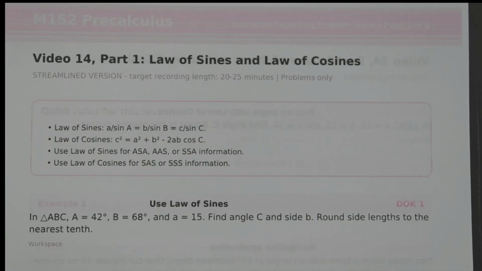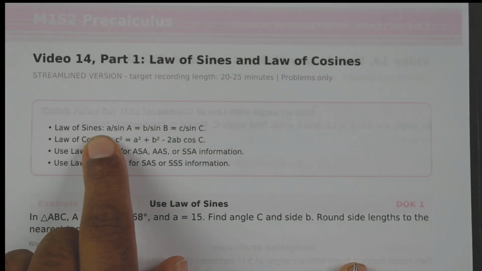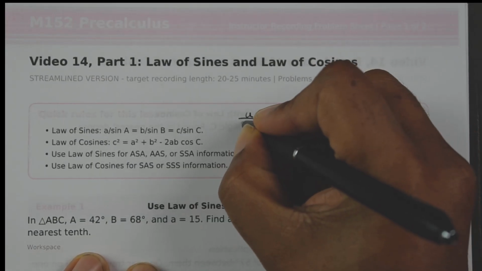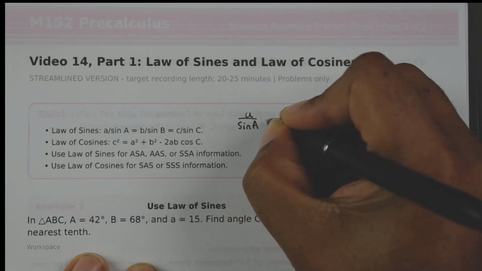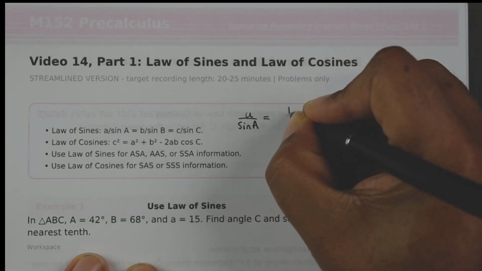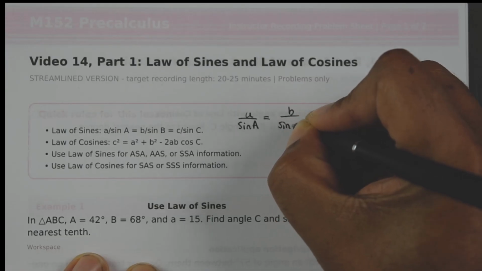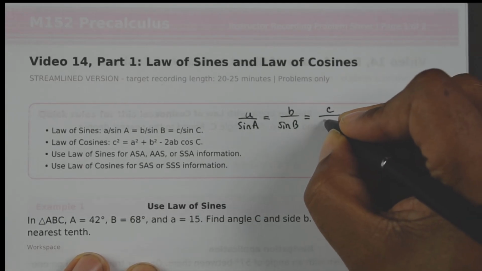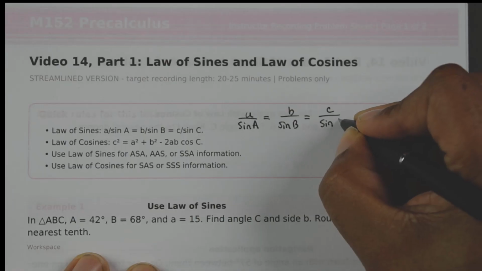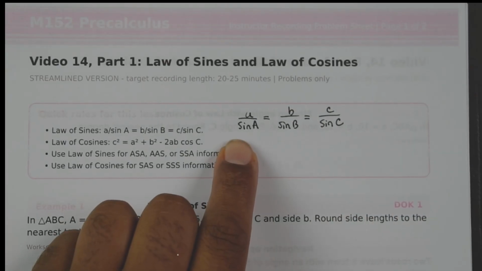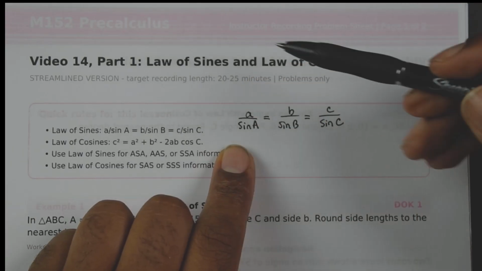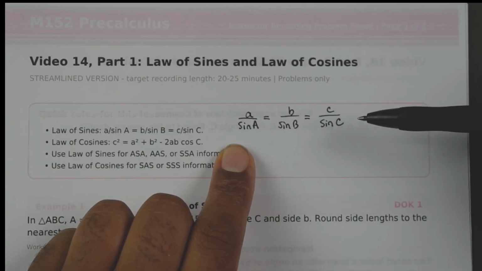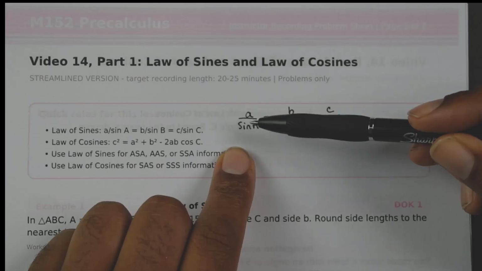So let's begin with the quick rules. We have the law of sines, which is simply a divided by sine A equals b over sine B equals c over sine C. What this says is we essentially have the length as the numerator and the angle as the denominator, and these are across from each other.